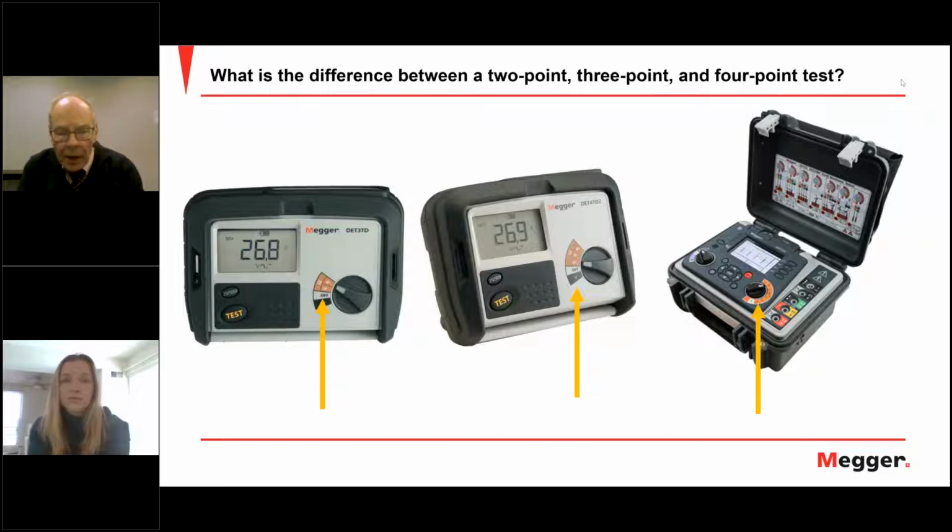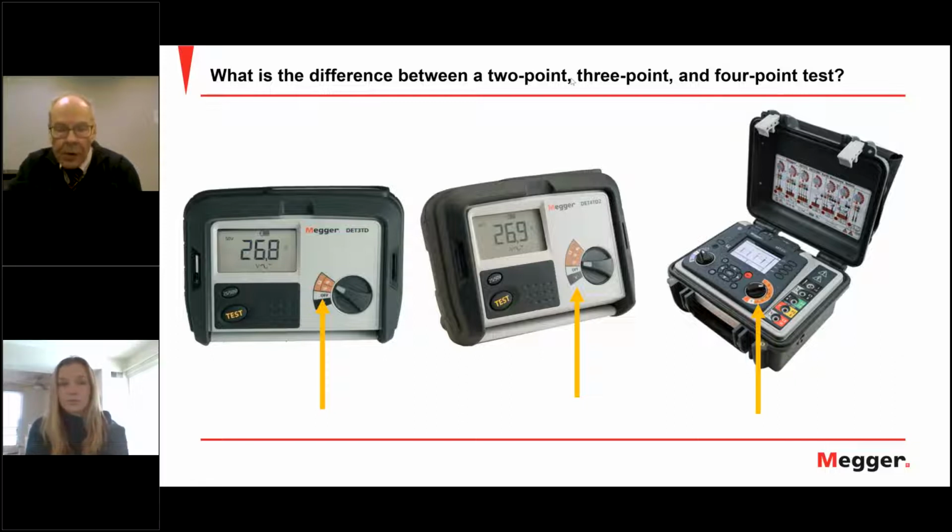You have one lead going to the ground that you're testing, and the other lead going to something like the water pipe system, which you hope contributes very little to your measurement. You take a reading, and you're getting a loop resistance of the whole thing, but you're hoping that most of that is just your test ground. That's your 2-point or dead earth method. You can use it, but it's a drop dead method for situations where you can't do anything else.